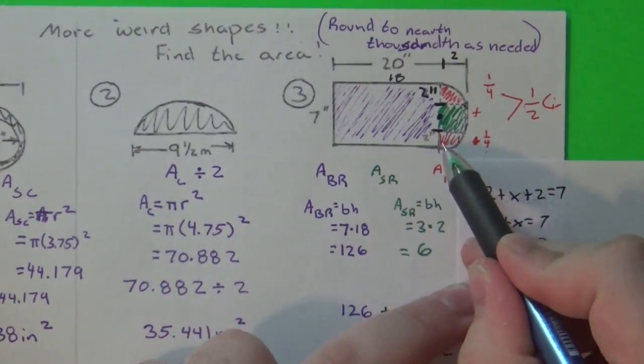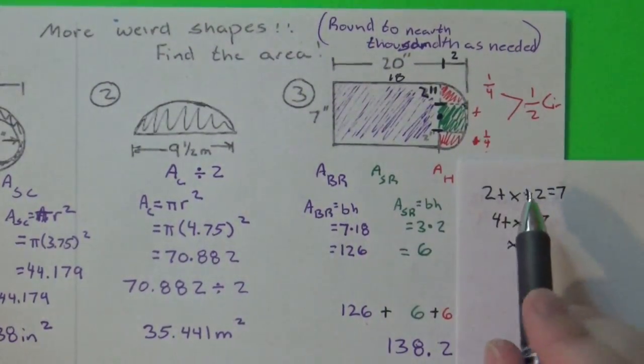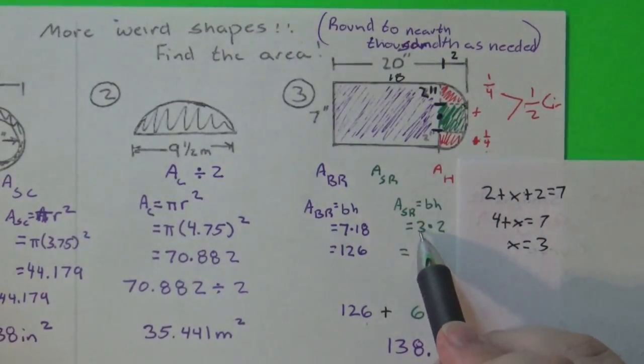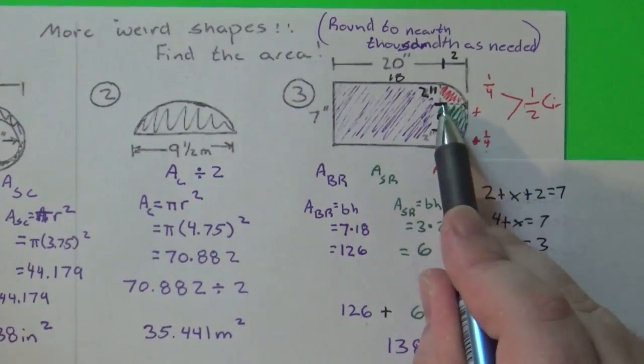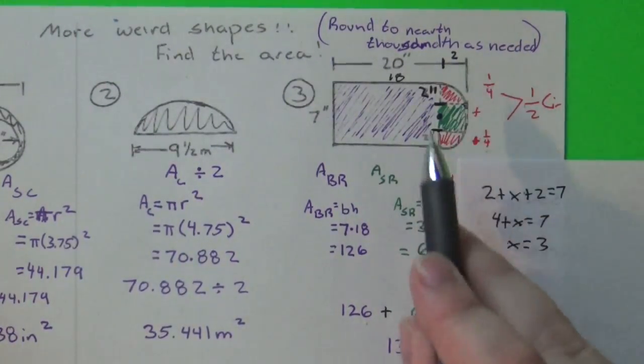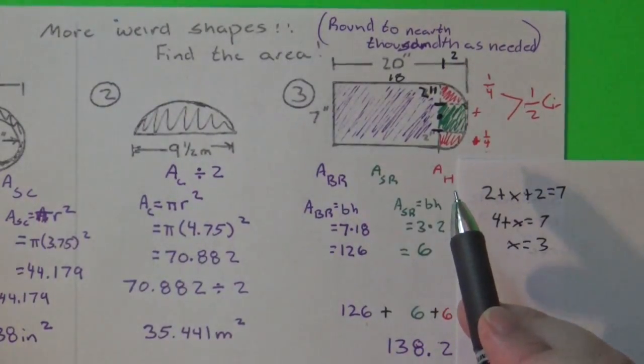So this missing length right here is actually going to be 3. So my small rectangle is going to be 3 by 2, because this length is 3 and this length is 2, based upon what we said earlier. So 3 times 2 is equal to 6.